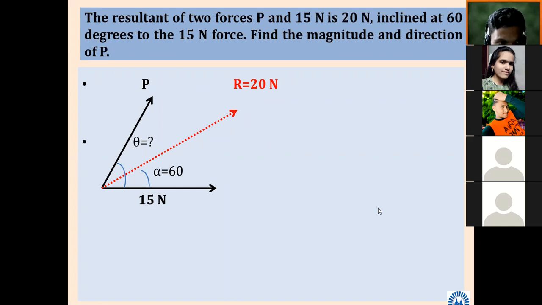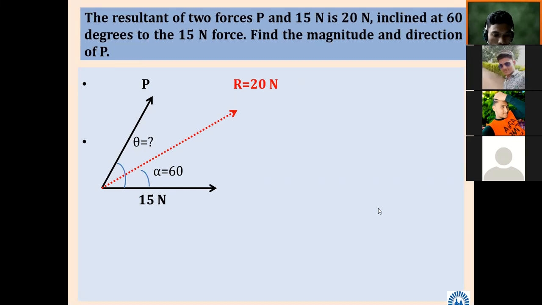Find the magnitude and direction of the force. What is the difference in this problem? In all the problems we have solved, we found the resultant and its direction. But in this problem, the resultant is given, its direction means the angle is also given, and one force we have to find out.